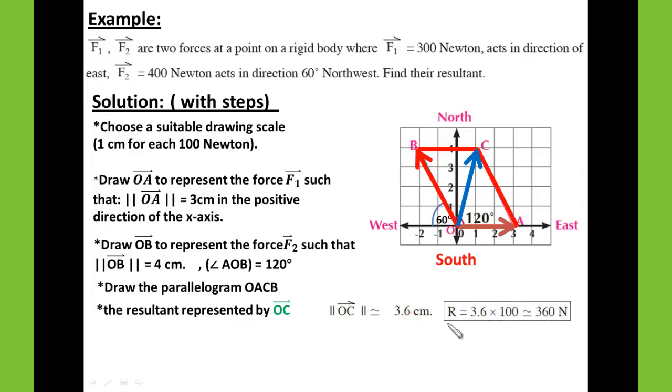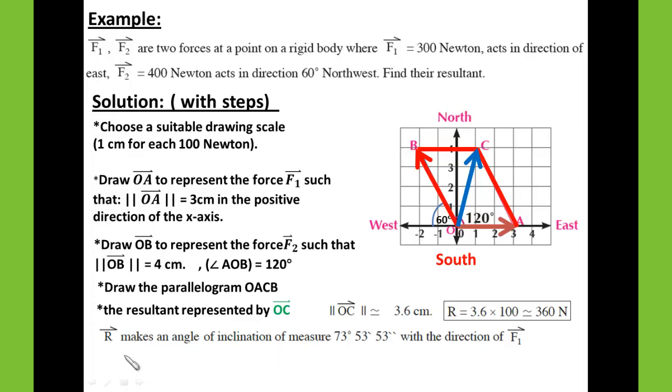And R of magnitude 3.6 multiplied by the drawing scale, multiplied by 100. So R equals approximately 360 Newton. And this is the magnitude of the resultant of these two forces, F1 and F2.